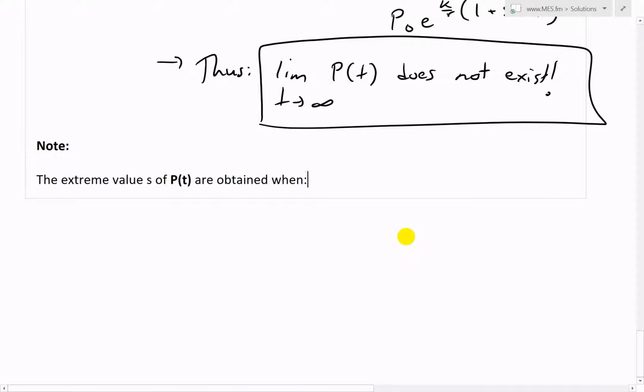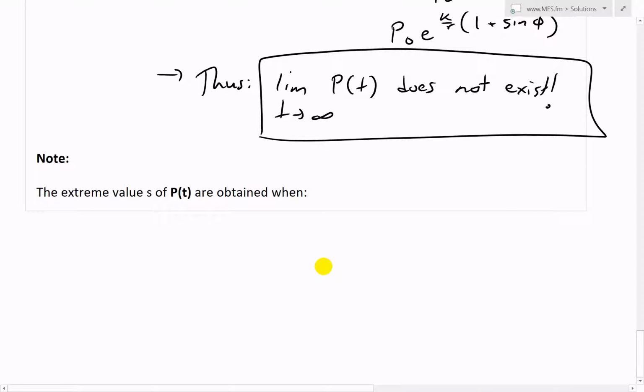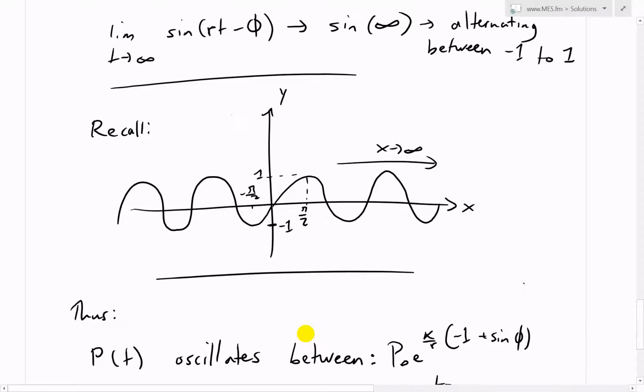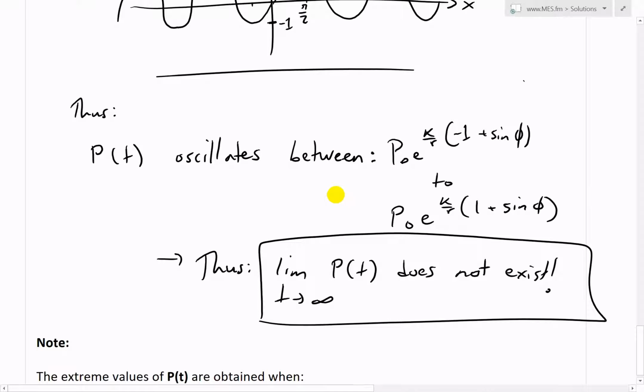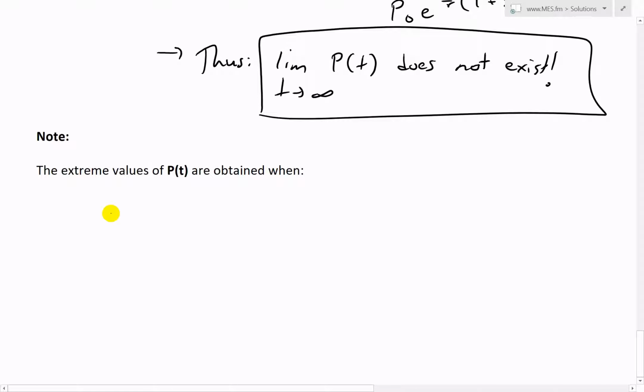Another note I want to go over before I end this video is that the extreme values of P of t are obtained when, and I'll explain that in a bit, because this is oscillating from -1 to 1, sine(rt minus phi) is equal to plus or minus 1.